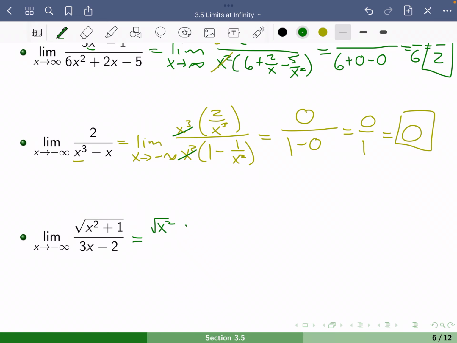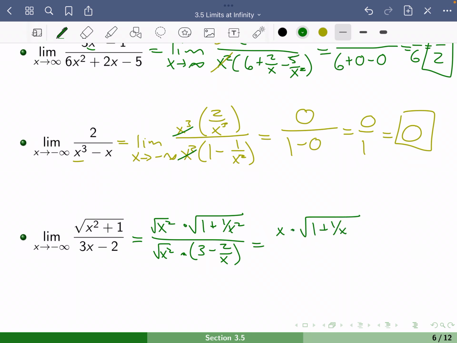If we factor out the square root of x squared, we have 1 plus 1 over x squared left underneath that square root. And on the bottom, we have 3 minus 2 over x. So this now looks like x times the square root of 1 plus 1 over x squared, over x times 3 minus 2 over x.